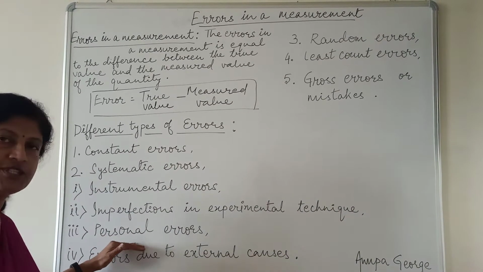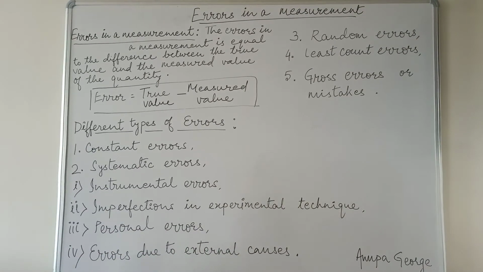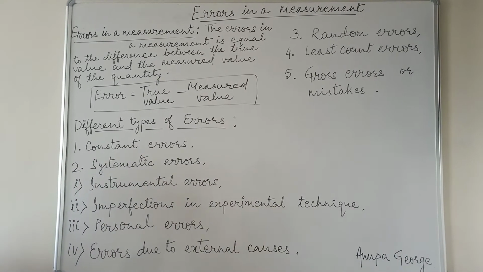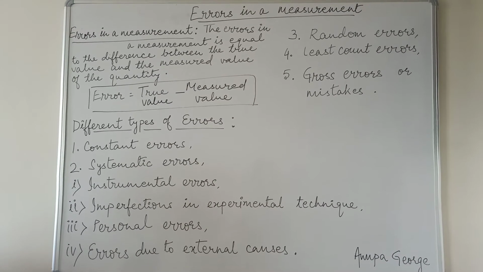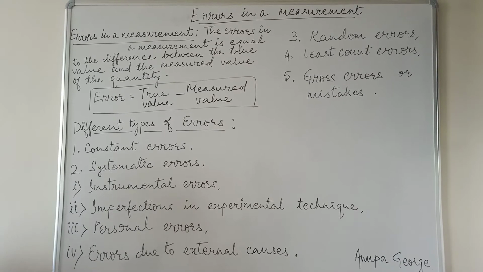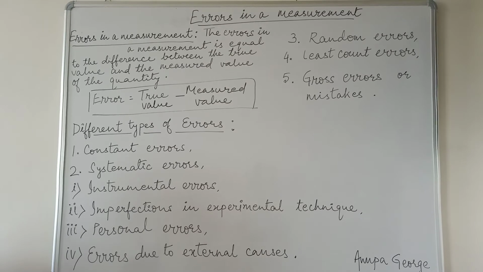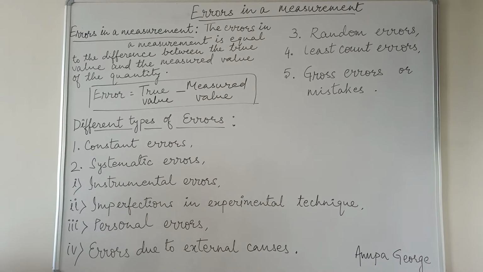Third one is personal errors. These errors arise due to individual's bias, lack of proper setting of apparatus or individual's carelessness in taking observations without observing proper precautions.